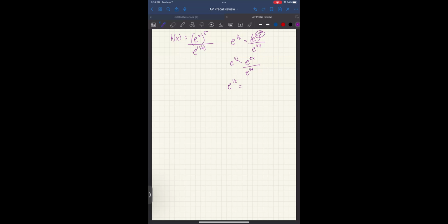Subtract. Right, so 5x minus 1/4 equals 1/2. And then when I have the same bases, I can just set my exponents equal to each other.